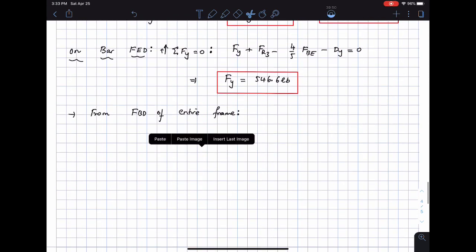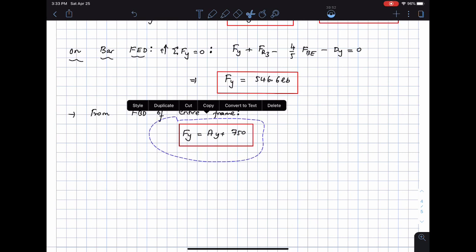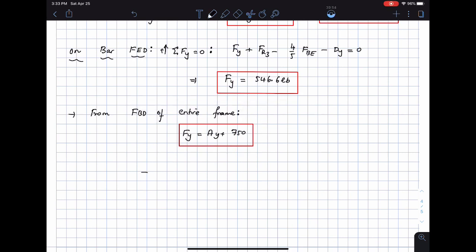If I bring that here, this is what we had, which essentially tells me that Ay is going to be Fy minus 750, or this is minus 203.4 pounds. If I put a box around that, we are almost done with this particular problem.